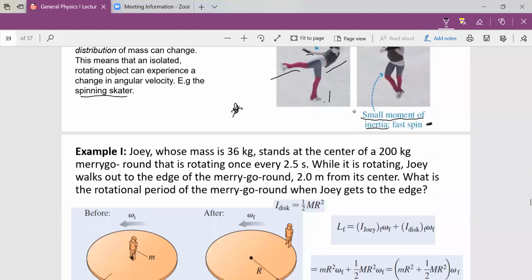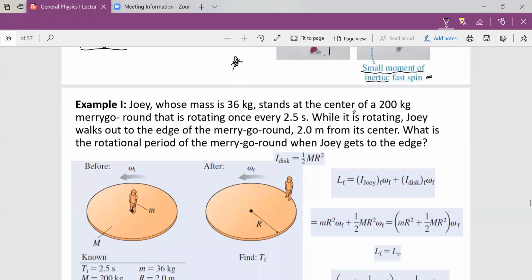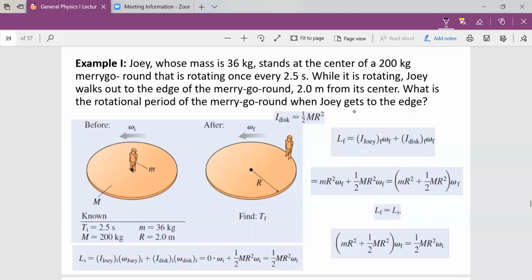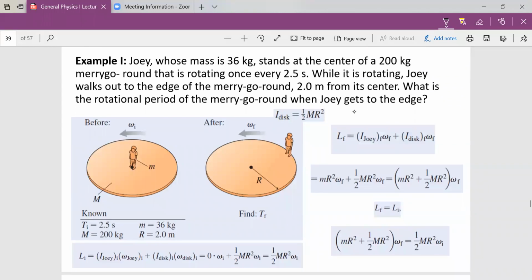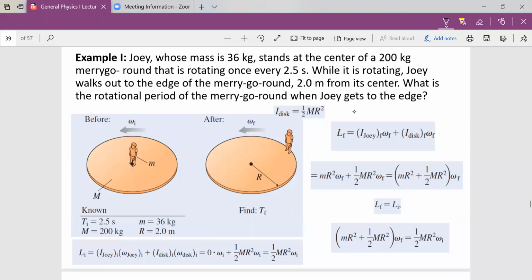So let's use the remaining 5 minutes to look at this last slide, which is an example of solving a problem with angular momentum. We have Joey, whose mass is 36 kg, standing at the center of a merry-go-round that weighs 200 kg. The merry-go-round is rotating once every 2.5 seconds.